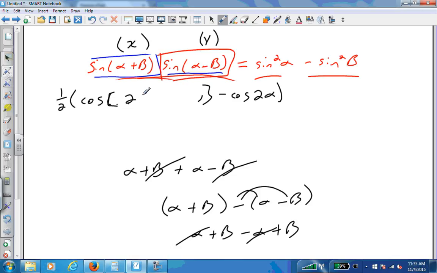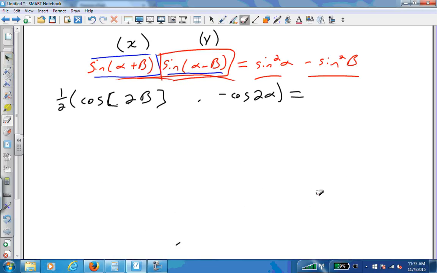So that's 2 beta. So cosine 2 beta minus cosine 2 alpha.